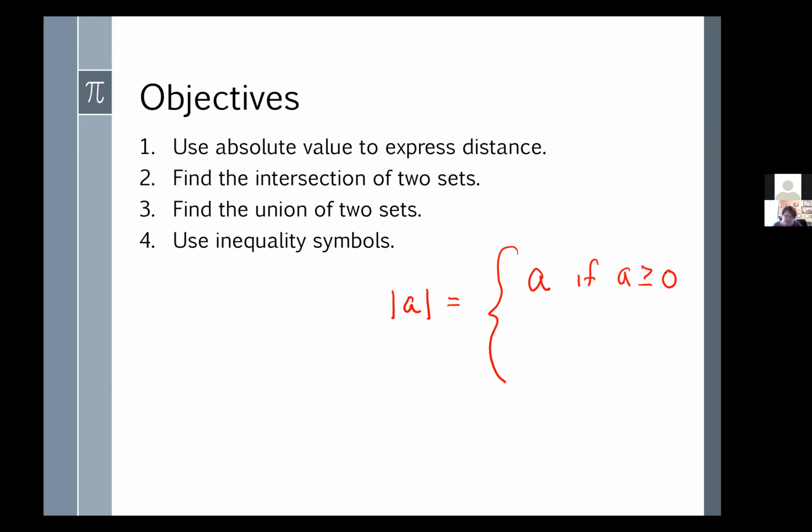So for example, if we take the absolute value of 3, that's just 3. So if you take the absolute value of a positive number, you can just remove the absolute value symbols and it's just that number itself. But if that number is negative, and that's the way we represent positive and negative.